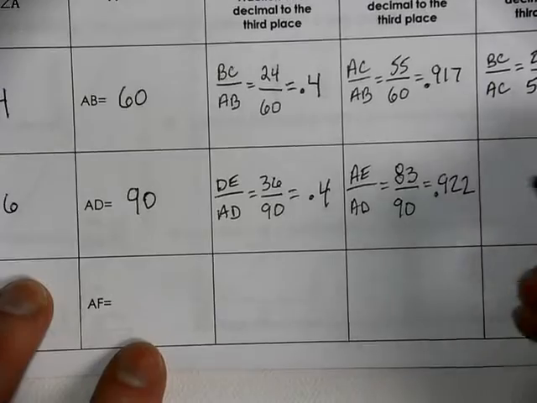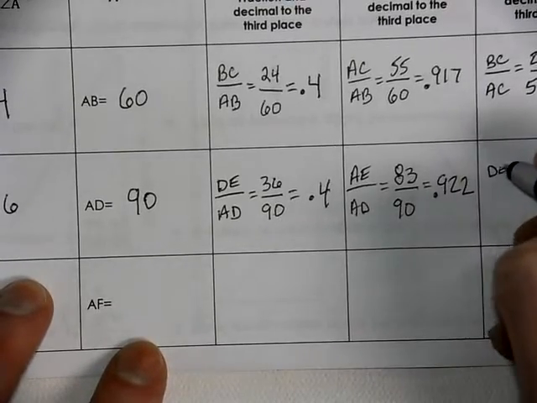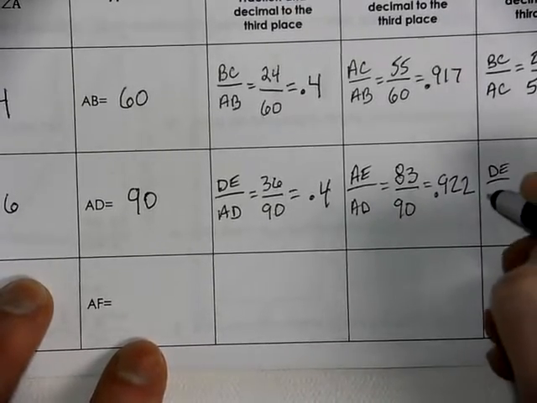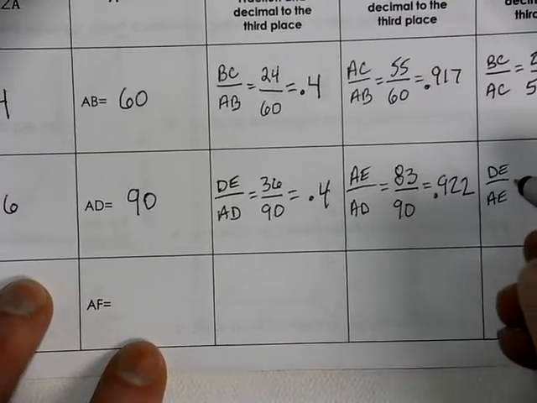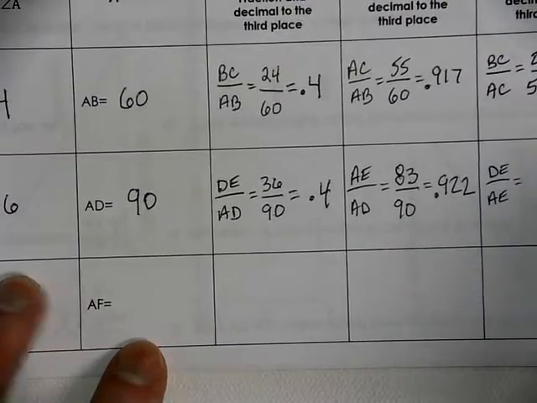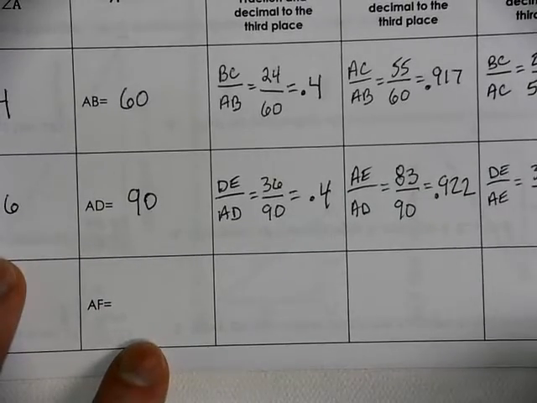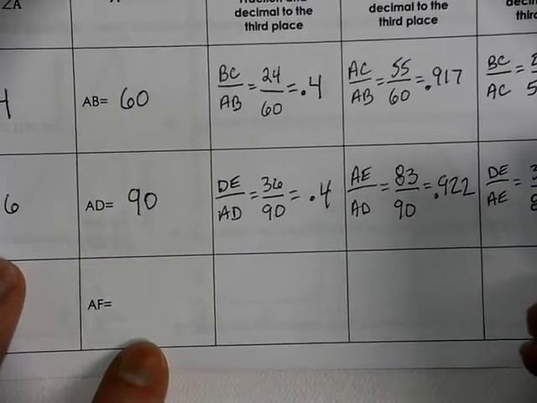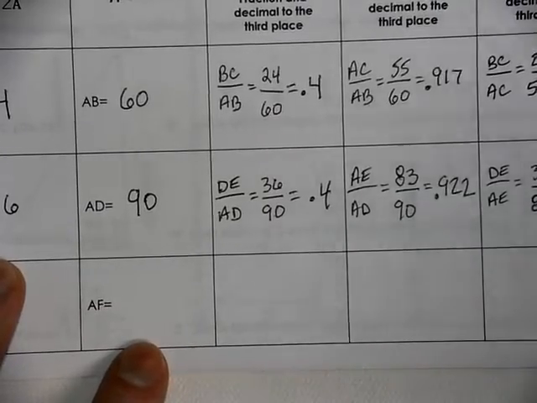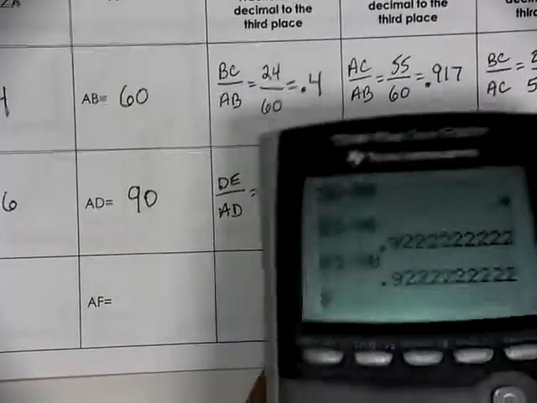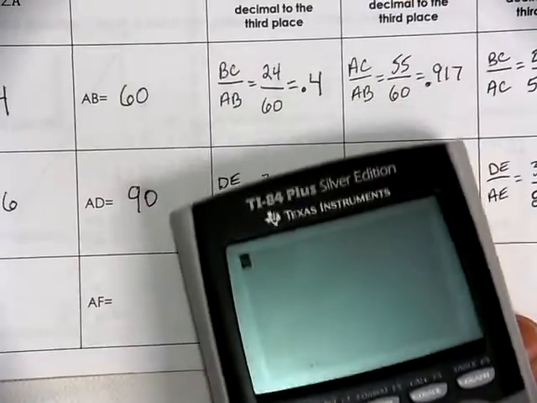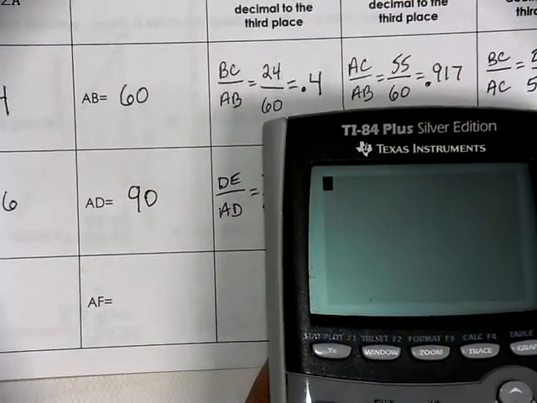And then we have the opposite, which is DE, and the adjacent, which is AE. DE was 36, and AE was 83. 36 and 83.